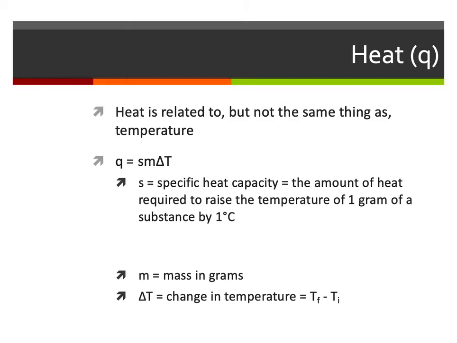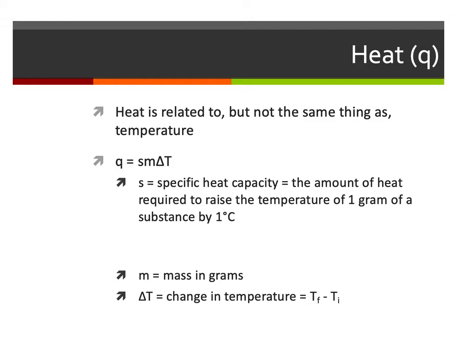The s in this equation is specific heat capacity. Every substance, every object, everything has its own unique specific heat capacity, which is a measure of how that specific substance or object converts energy, heat, into a temperature change.